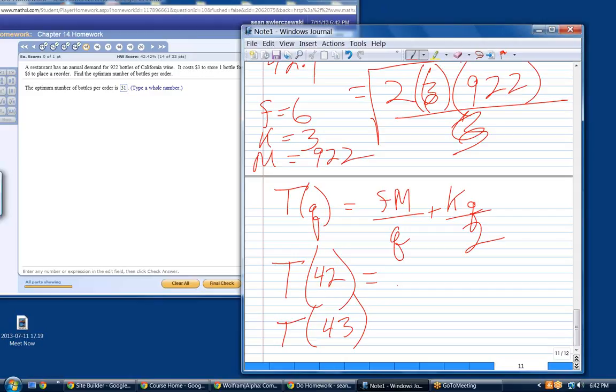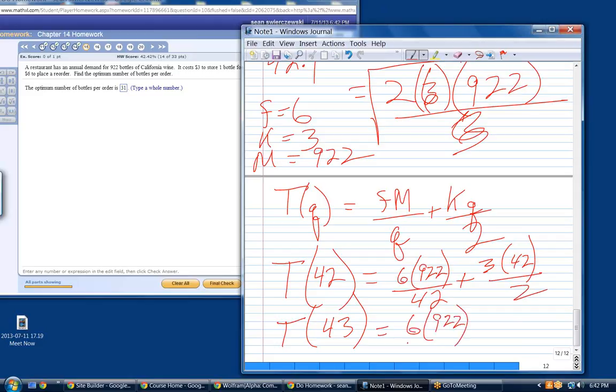So T of 42 is 6 times 922 divided by 42 plus 3 times 42 divided by 2. T of 43 is 6 times 922 divided by 43 plus 3 times 43 divided by 2. Whichever of these numbers is smallest is our answer.